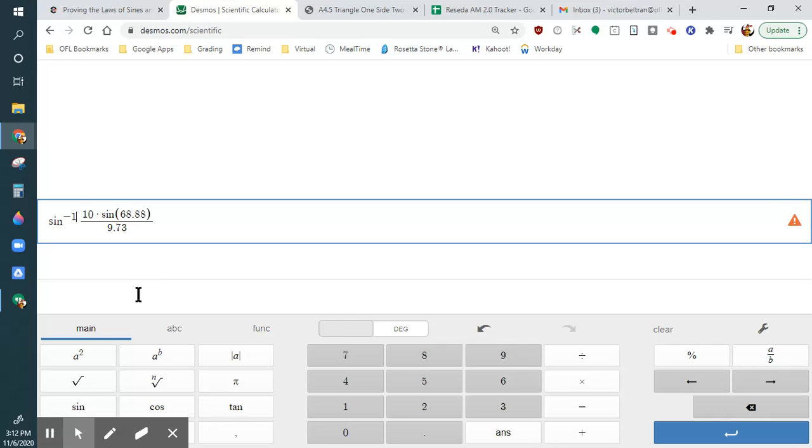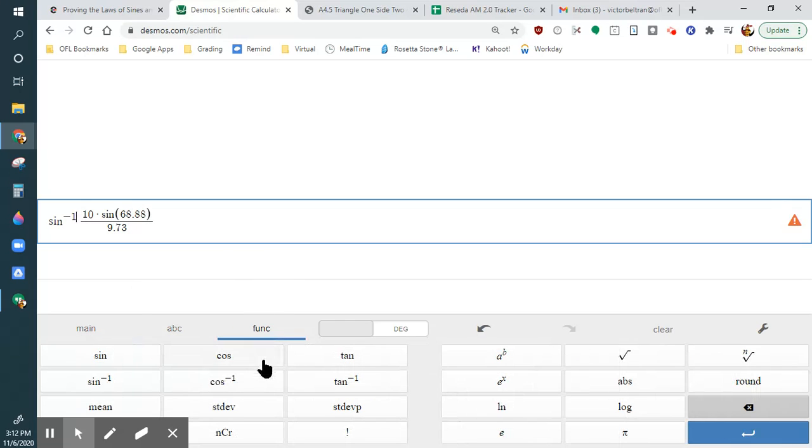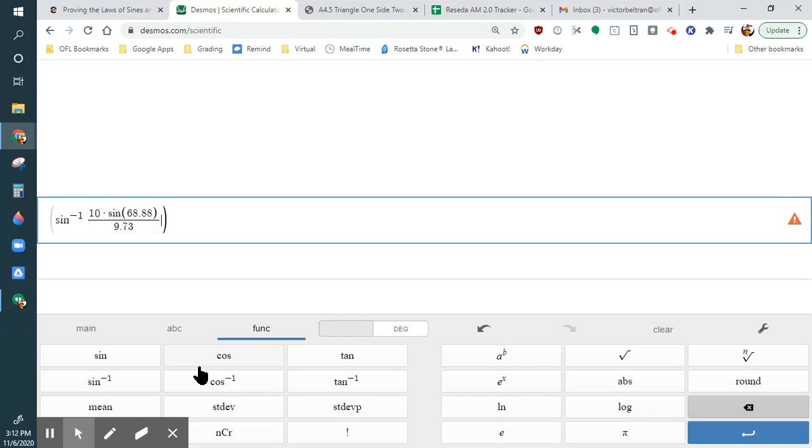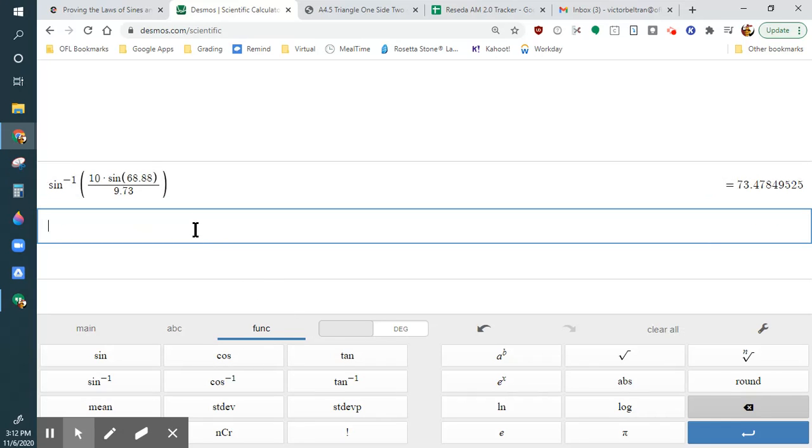I just use the little keyboard functions, but you can click the little sine inverse thing here. I'm going to put all of these. Oh, you know what? They get really picky. So I'm going to put the closing parentheses here. It puts the whole thing in parentheses. There we go. So I want this whole thing in parentheses. And I end up getting 73 points.